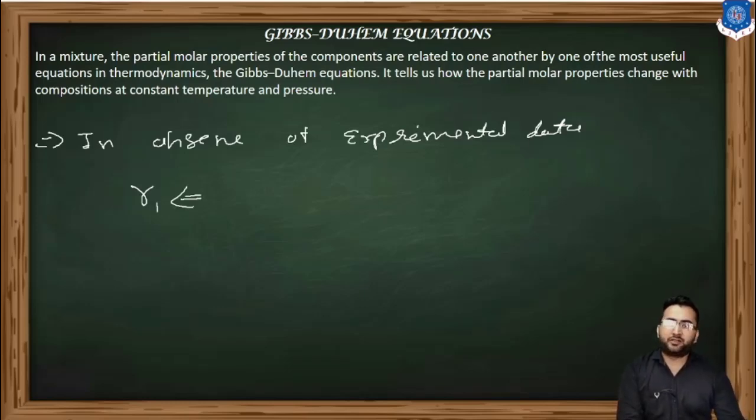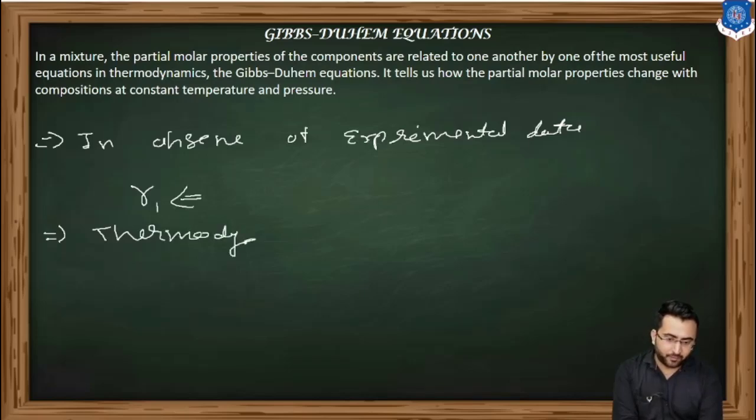Similarly, the thermodynamic consistency of experimental data can be tested using the Gibbs-Duhem equation, so we can check whether the data is correct or not.